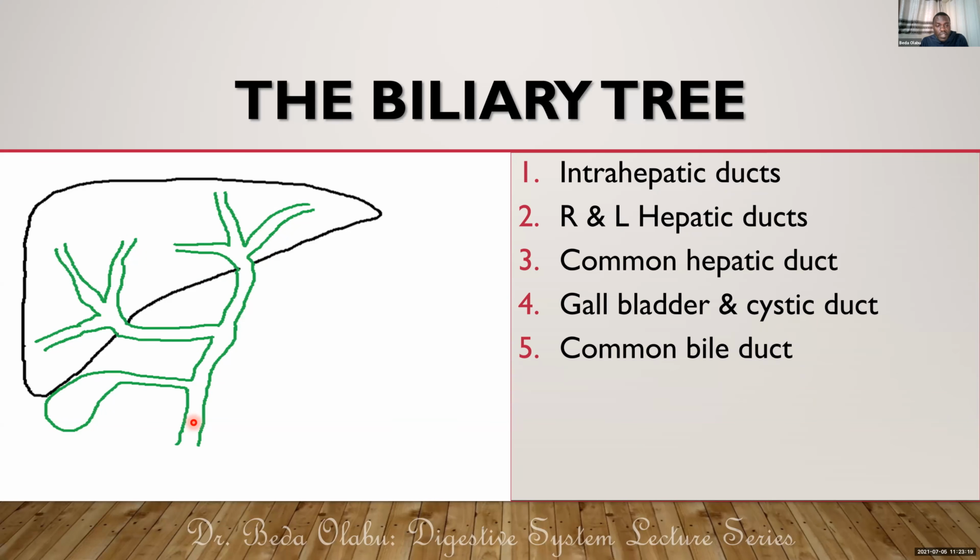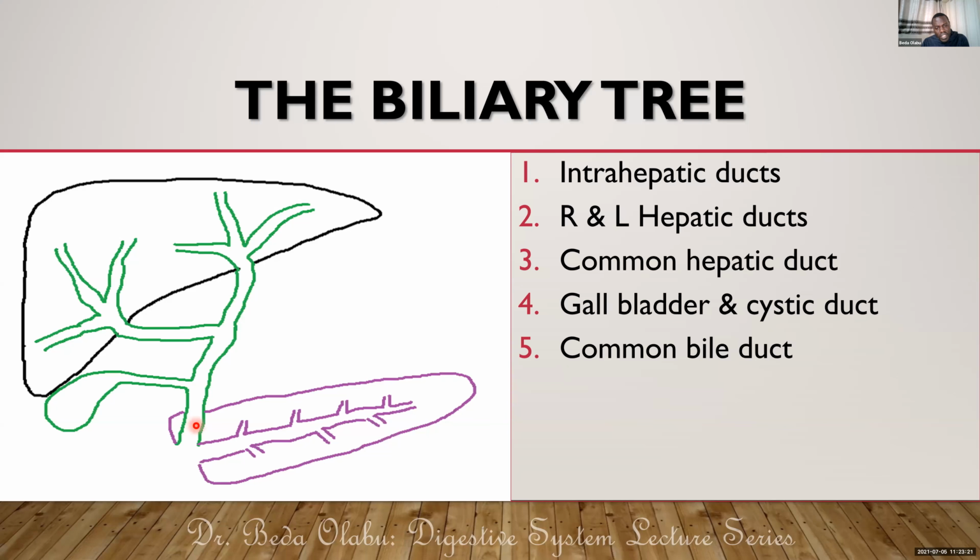The common bile duct is joined by the duct from the pancreas. Usually the pancreas has two ducts, the accessory pancreatic duct and the main pancreatic duct. The common bile duct joins with the main pancreatic duct.